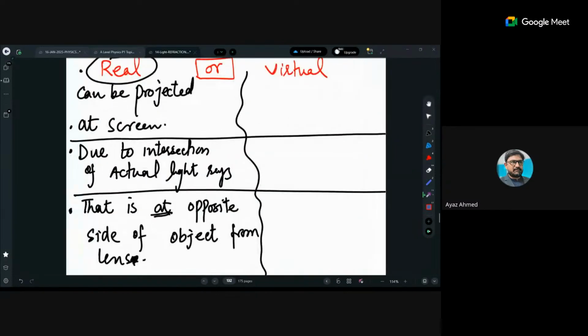No, not in another medium. On the other side of the lens. It is lens, it is not mirror. In the mirror, if you were getting the image on the other side, you were calling it virtual. Do you remember? There is a difference between mirror and lens. In a mirror, light reflects, but in a lens, light passes through.